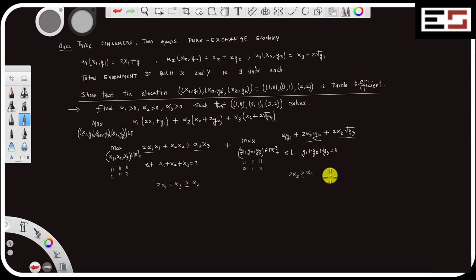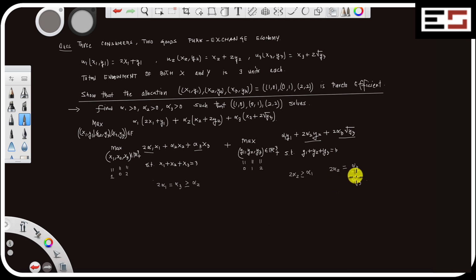So it must be the case that the partial derivative of the objective with respect to y2, which is 2 alpha 2, must be equal to the partial derivative of the objective with respect to y3 at the optimum, which means alpha 3 by root y3.